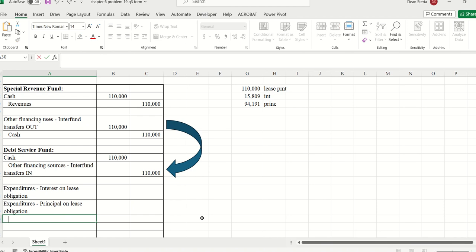And we paid it with cash. So the interest was right there. They gave us that amount, right? And then the principal we calculated, the 94,191.